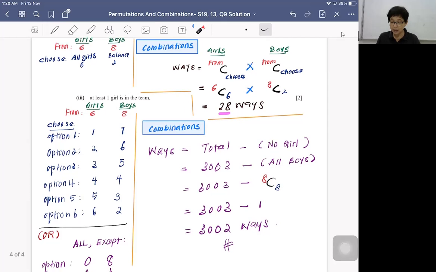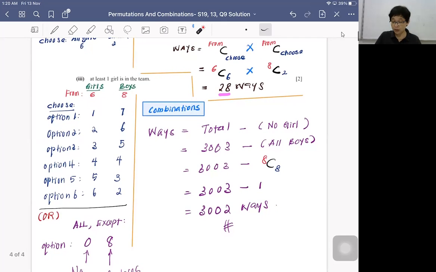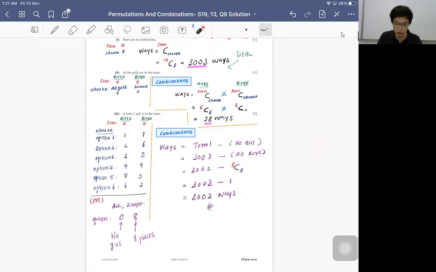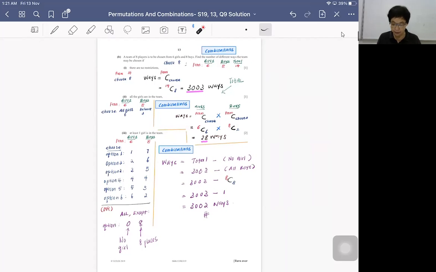By doing that, you will notice from your calculator that 8C8 gives you 1, and therefore 3003 minus 1 gives you 3002 ways to form the team of 8 players with at least 1 girl in the team. Okay, so now with that, you have concluded this question.